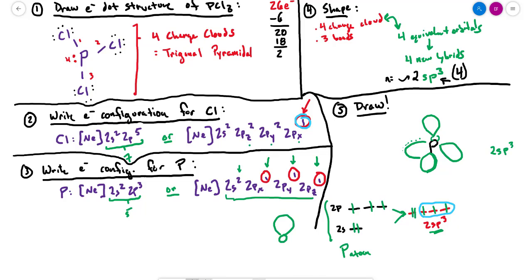Each one of those is going to have, well, 3 of them here are going to have a single electron. So there's going to be one there, an electron there, an electron there. I'll draw those electrons in. And then here we'll have 2 in that one, coming from our energy diagram, right?